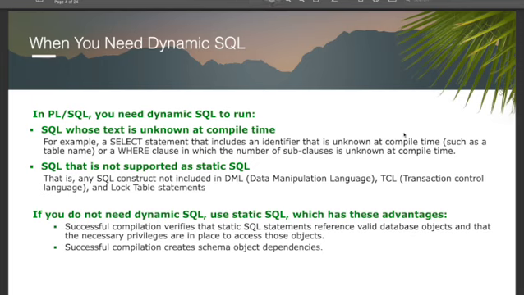When you need dynamic SQL. In PL/SQL, you need dynamic SQL to run SQL whose text is not known at compile time. For example, a select statement that includes an identifier that is unknown at compile time, such as a table name, or a where clause in which the number of subclauses is unknown at compile time.